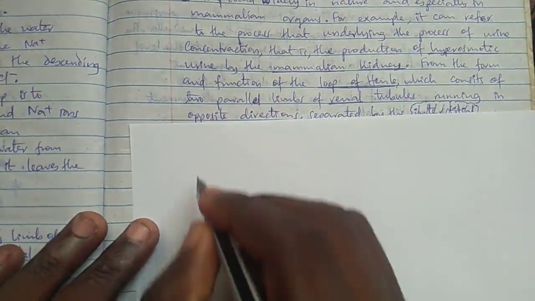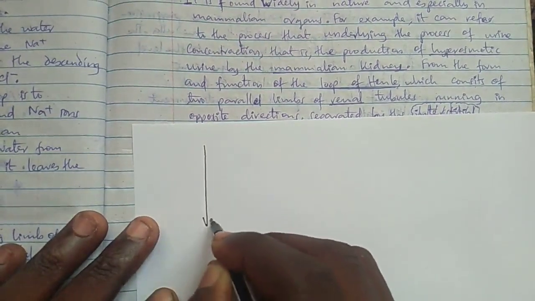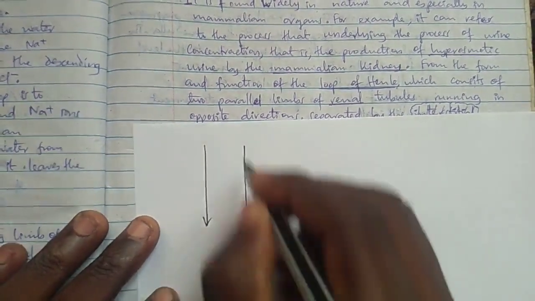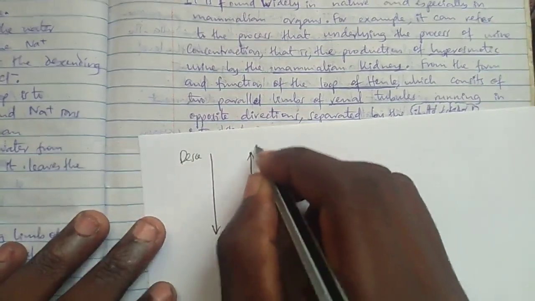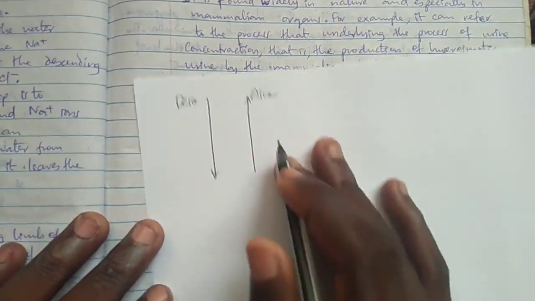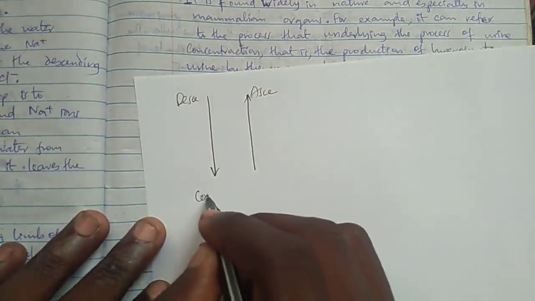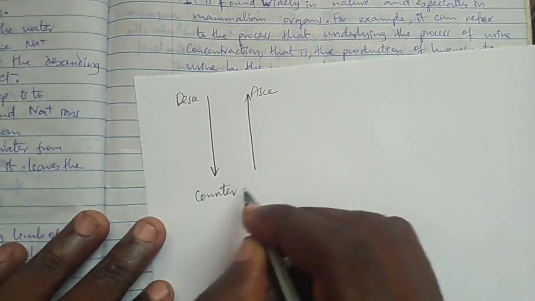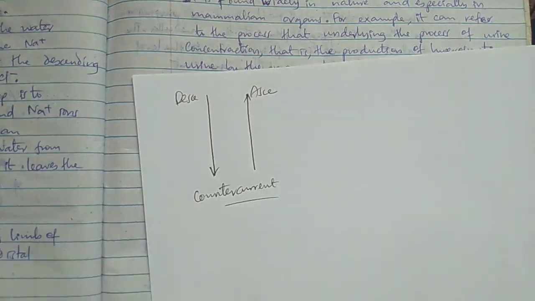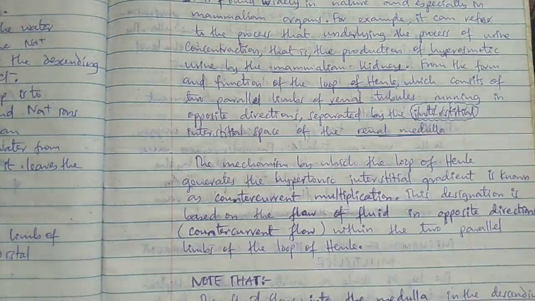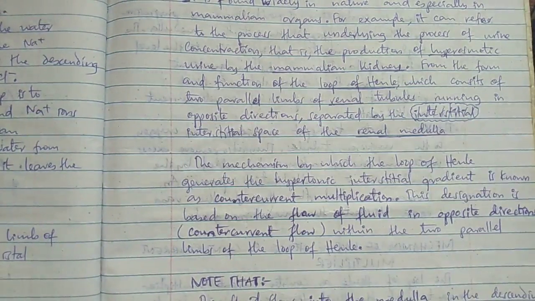Katika loop of Henle, fluid ya upande itakuwa inaenda hivi, wakati hapa itakuwa inaenda na flow hivi. That means hii ni descending limb na hapa ni ascending limb. Unaona, the flow is opposite, that's why it is known as countercurrent, kama pia ambavyo tulisoma countercurrent heat exchange katika homeostasis kule.